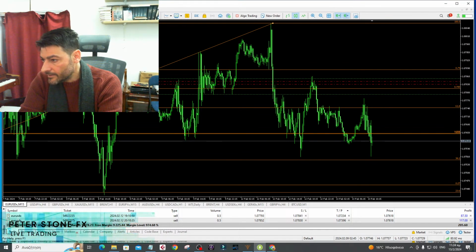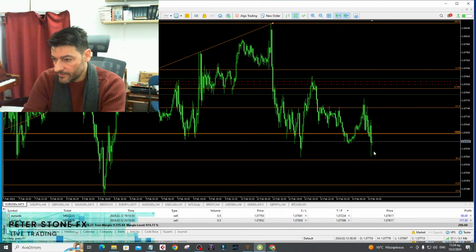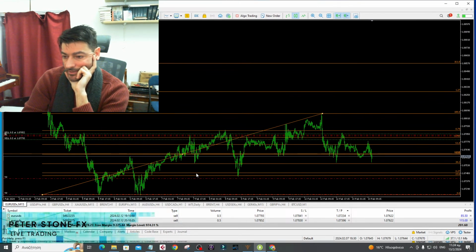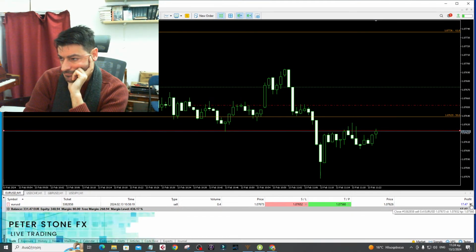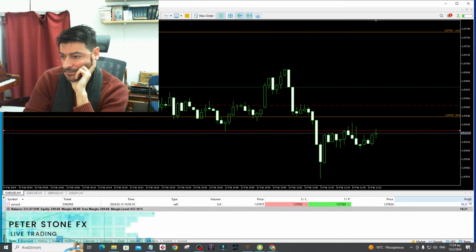So we are under 50%, but we have created relatively equal lows here. 38.2 haven't reached, and here we have sell side liquidity. We are under 50%.